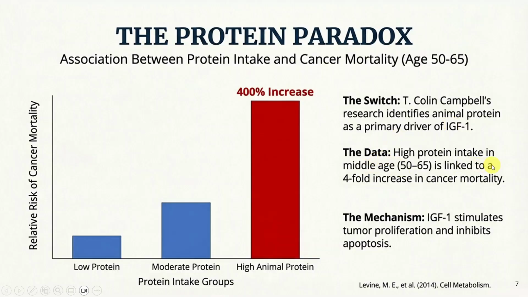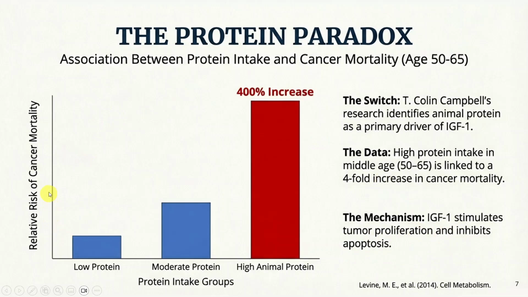The data shows that high protein intake in a middle-aged 50 to 65-year-old is linked to a four-fold, or 400%, increase in cancer mortality. The mechanism is IGF-1 stimulates tumor proliferation and inhibits apoptosis, or programmed cell death. This is huge.